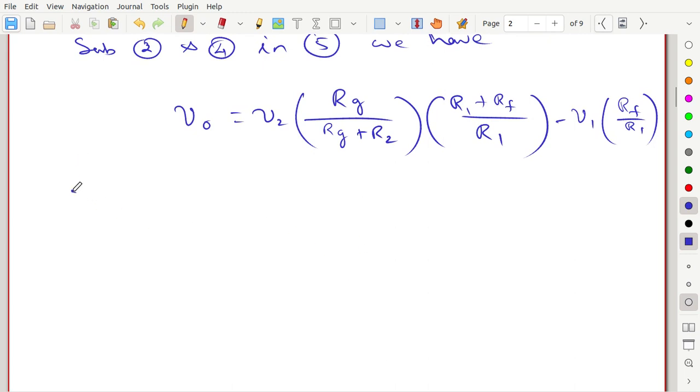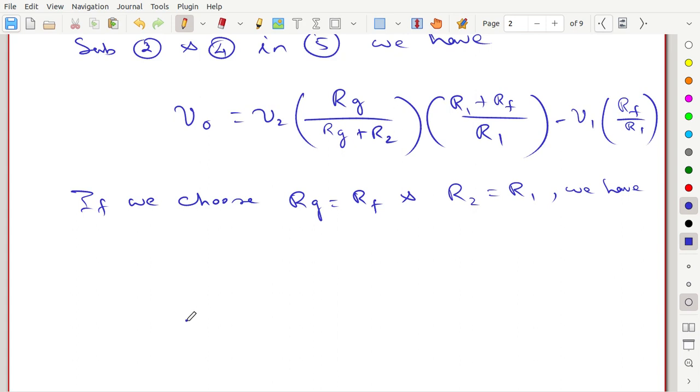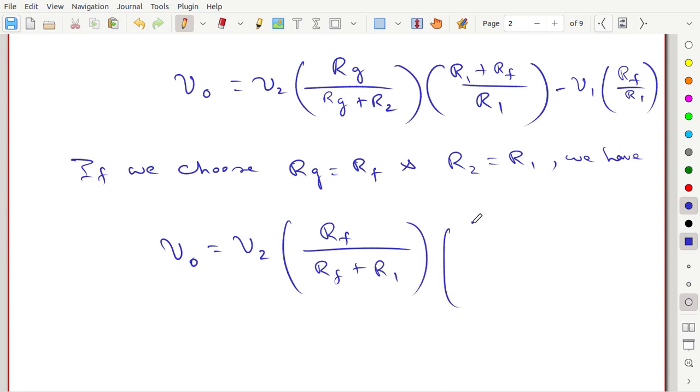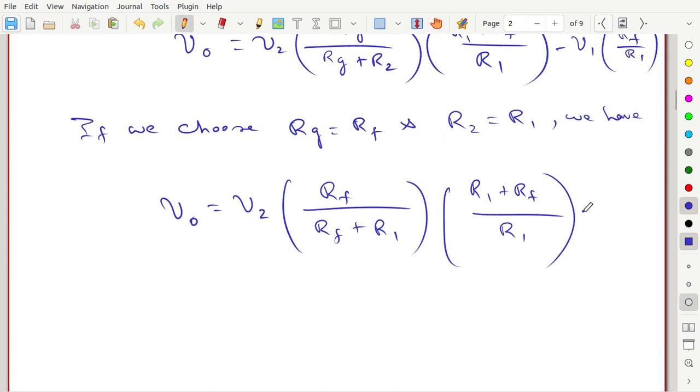If we choose Rg equal to Rf and R2 equal to R1, we have V out equal to V2 times, instead of Rg we put Rf, Rf divided by Rf plus, instead of R2 we put R1, R1, times R1 plus RF divided by R1, minus V1 times RF by R1. This is the usual inverting output.